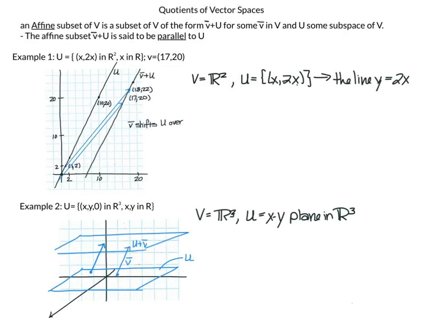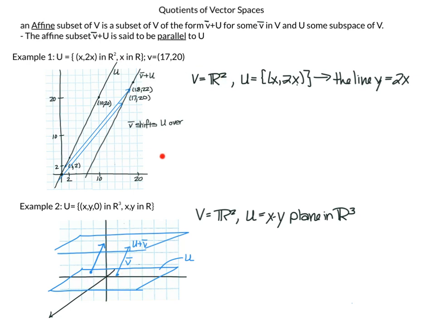We will look at our two previous examples. First, this one here, where U was the line going through (0, 0), where the value of y was twice the value of x. And then this example here, where U was the xy-plane in R3 where z is equal to 0.